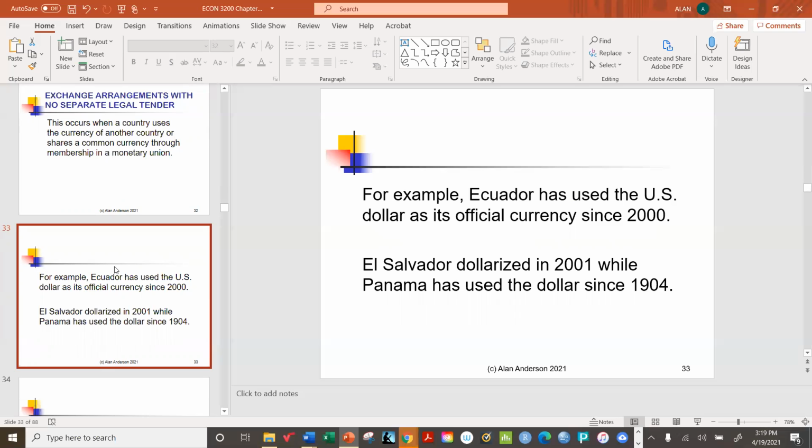So exports are one way to acquire more dollars, but basically, for all practical purposes, the money supply is tied to the fixed quantity of dollars that you hold at a given time. So dollarization has some good things and bad things, but one of the bad things is that, just like with the gold standard, the central bank cannot realistically conduct its own independent monetary policy.